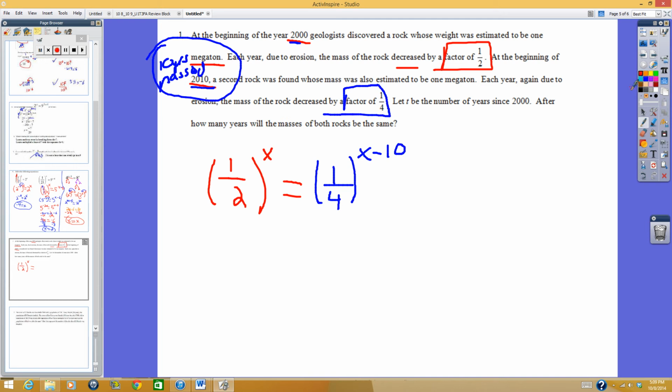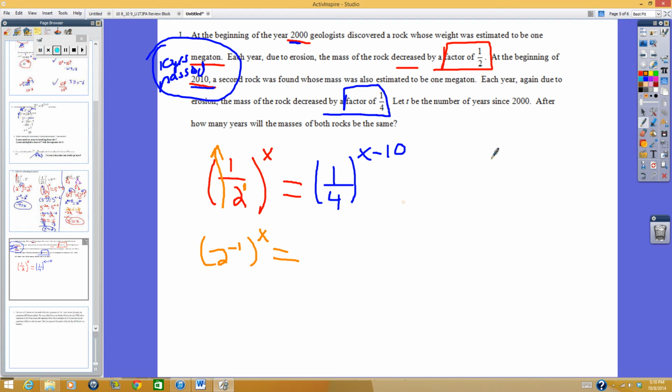And then guys, now what you do is you just solve this for x. You want to make this a 2 over here because clearly that's going to be our base for this problem. I'm going to do both sides at the same time, so please try to follow along. This is 2 to the first power, so I'm going to move that up. And this side is going to become 2 to the negative 1 with an x. Okay?